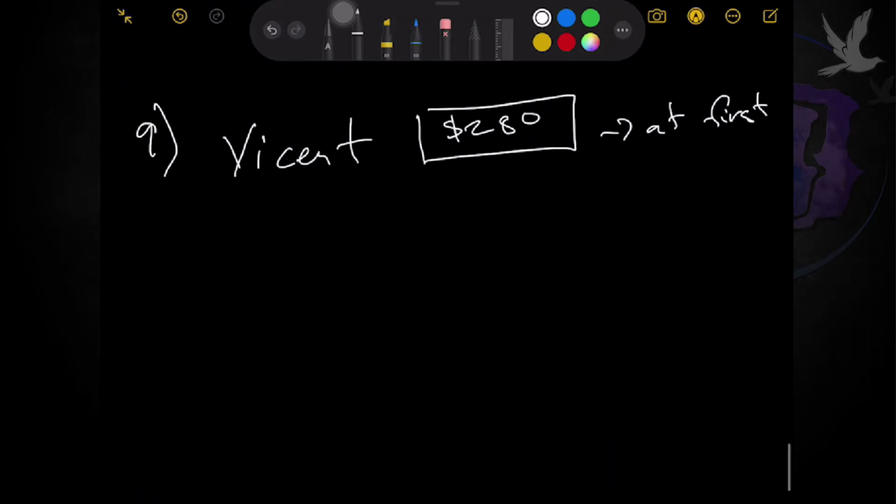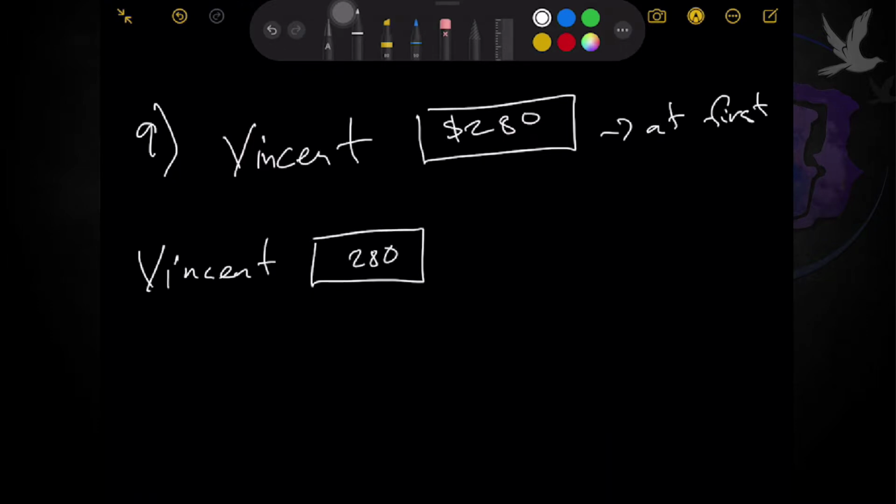Okay, sorry, yung Vincent. Bakit naging Vincent? Okay, so Vincent has $280 at first, ha? So after his father gives him $60, let's stop there muna. After his father gives him $60, the new amount of Vincent now becomes, at first, meron tayong $280 and he was given an additional $60.